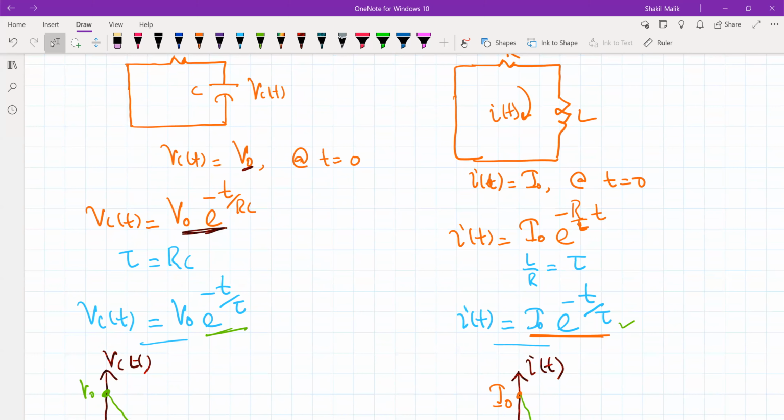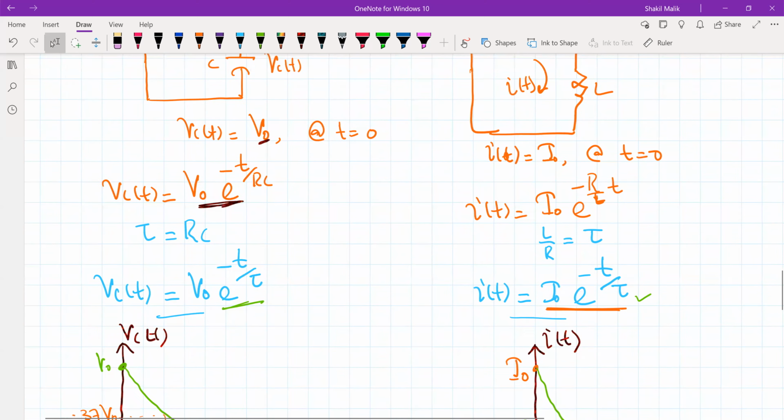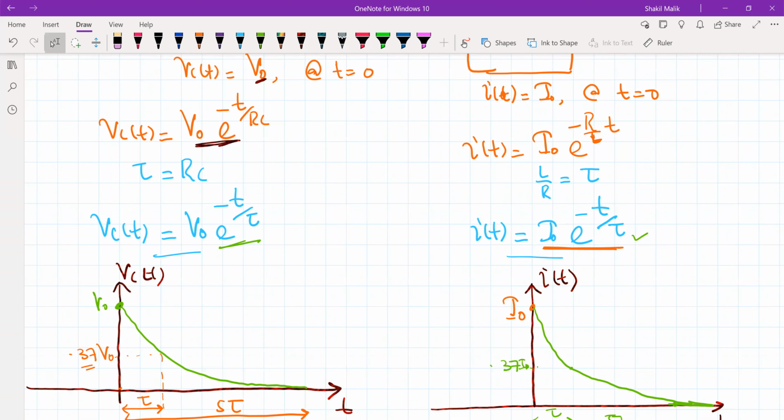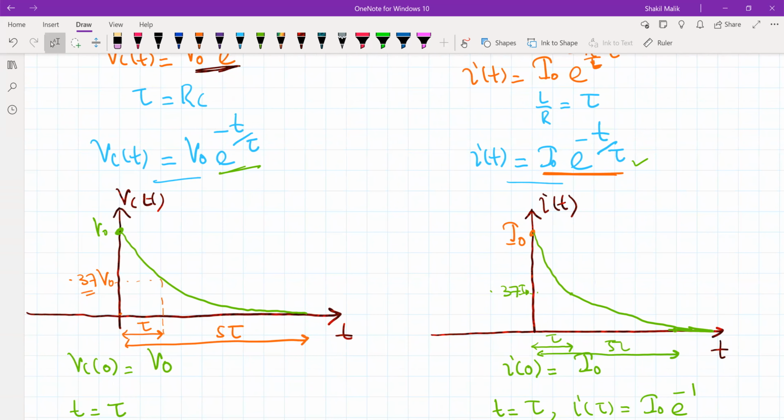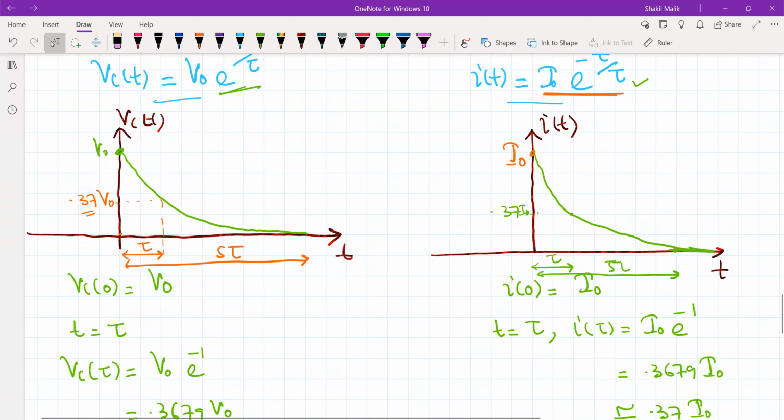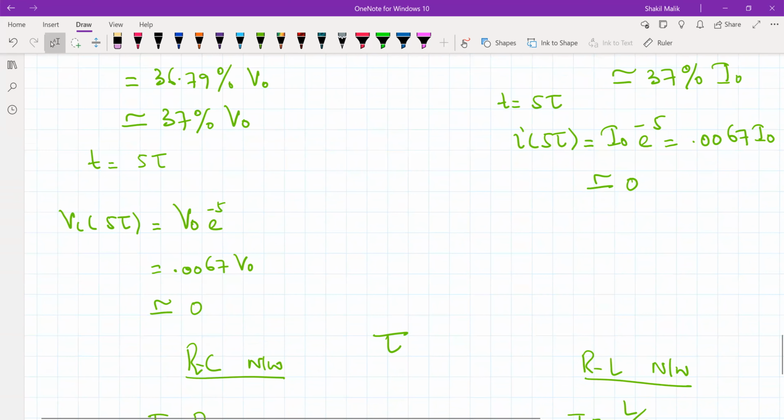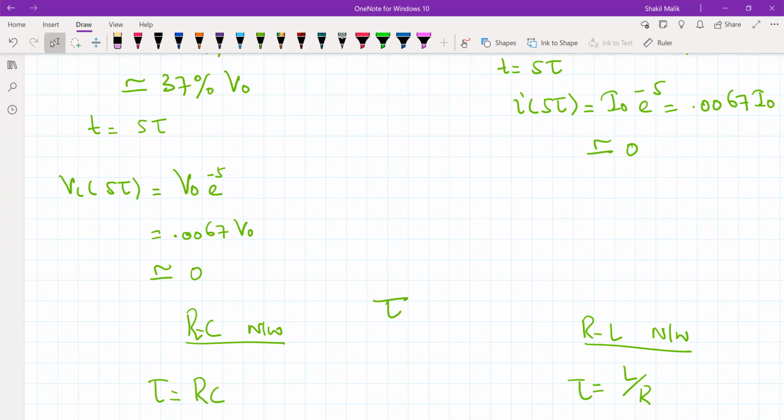Again, the time constant of this source-free RC circuit will be RC. In one time constant, the capacitor voltage drops to 37% of its initial value. And in 5 time constants, the capacitor voltage is approximately equal to 0.